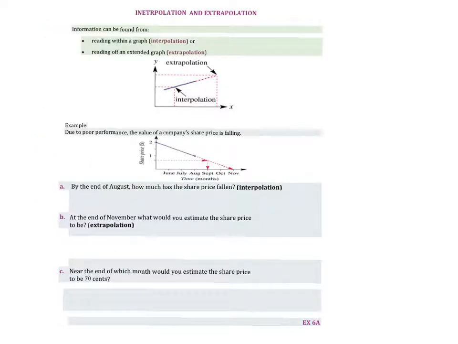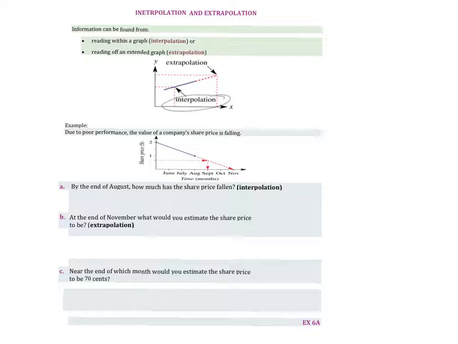Interpolating and extrapolating are two very important things that we do with a graph. So we need to know what the definitions are. Now, if you're talking about a straight line graph and you're reading information from the graph that you've drawn, you are interpolating because you are reading from information or data that you've got.